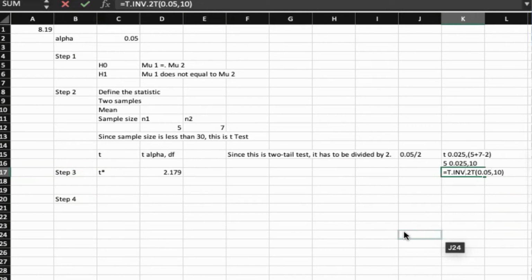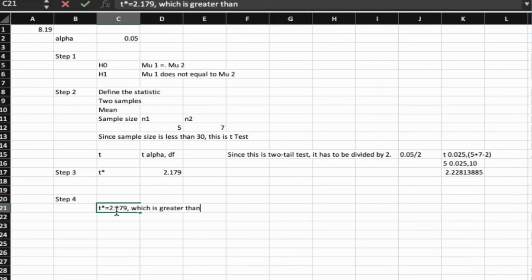Now step 4, compare t star equals 2.179, which is greater than the t rejection value 2.28. Therefore, reject the null hypothesis.